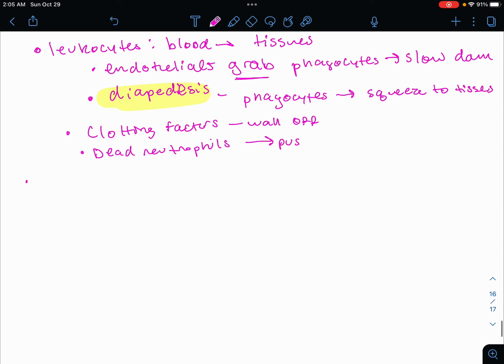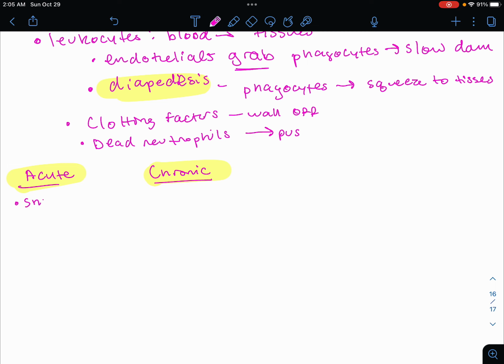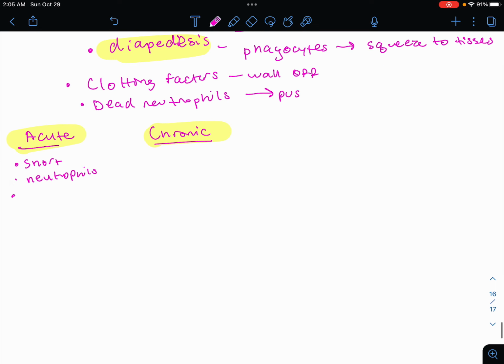Okay, let's talk about acute versus chronic. Acute inflammation, this is going to be short term, mainly neutrophils and macrophages cleanup. In chronic inflammation, if acute fails, this is when we get to the macrophages being the main player.